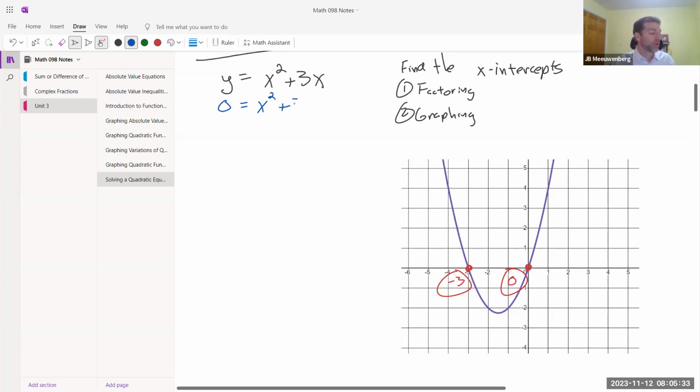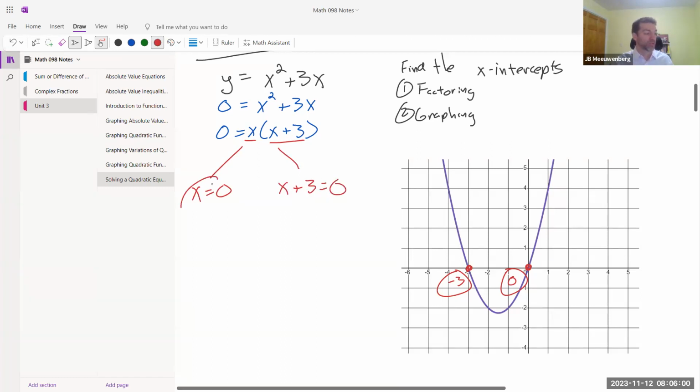And then we will factor it. So this one, you'll maybe notice, only has two terms, and there happens to be a GCF, a greatest common factor of x. x times the quantity x plus 3. I'm factoring out an x. And then what I do is I take this and this, break them apart, set them both equal to 0.